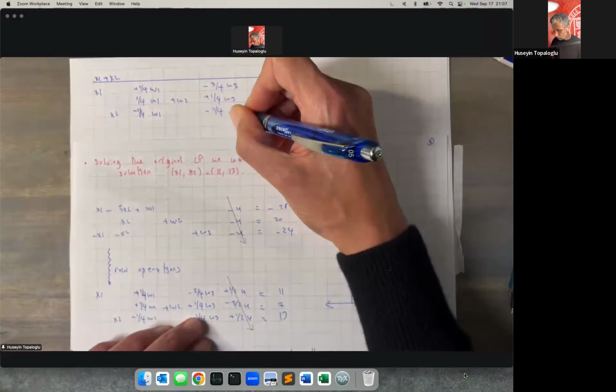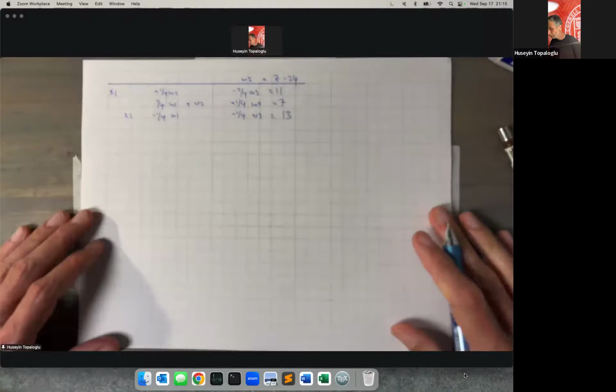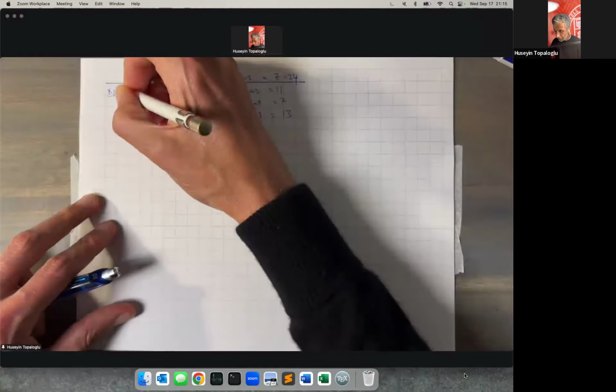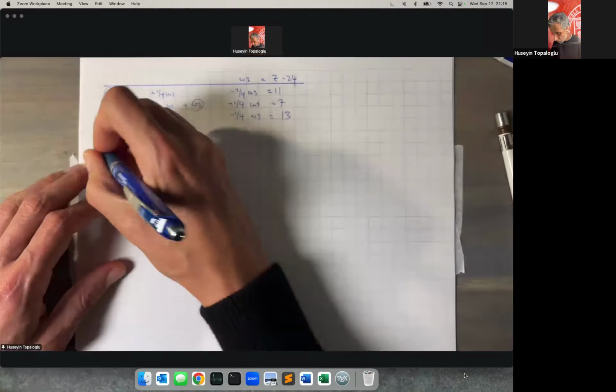Great. So now our x1, w2, and x2 look like proper basic decision variables.